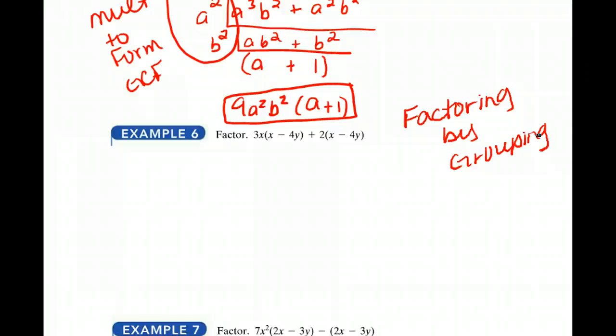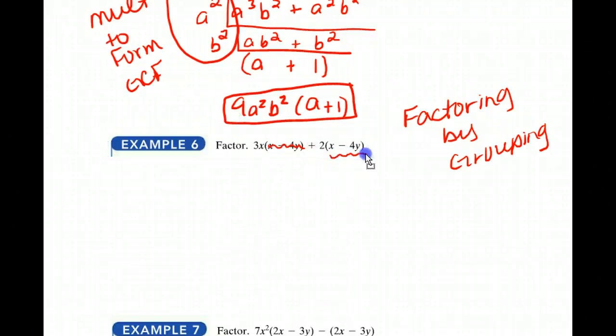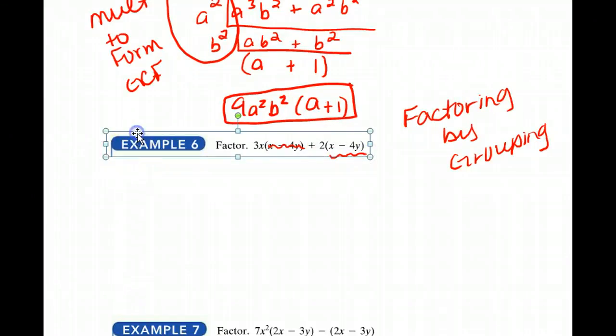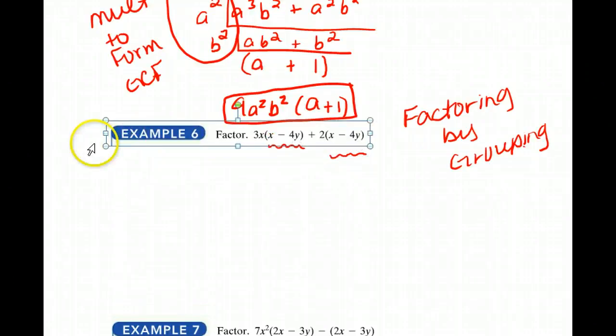However, you're going to notice that you have a group that is exactly the same. When that happens, if you look at your groups, we have x minus 4y and x minus 4y.